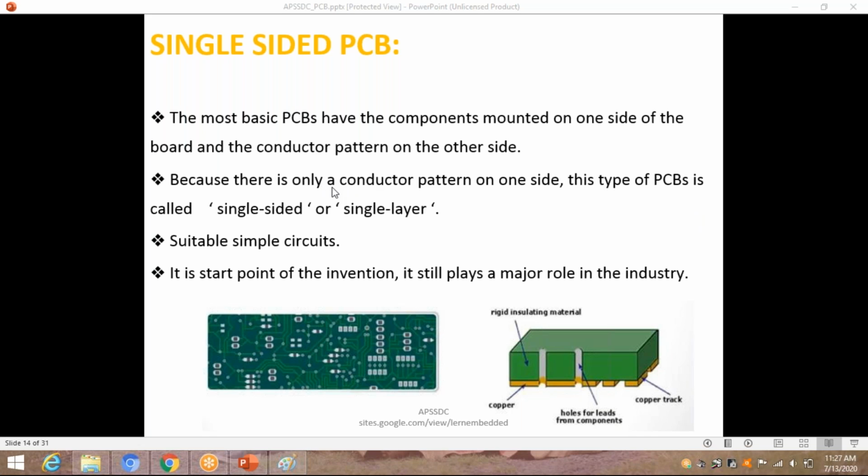Because there is a conductor pattern on only one side, these types of PCBs are called single-sided or single layer. Is it clear, guys? Single-sided PCBs are only suitable for simple circuits.